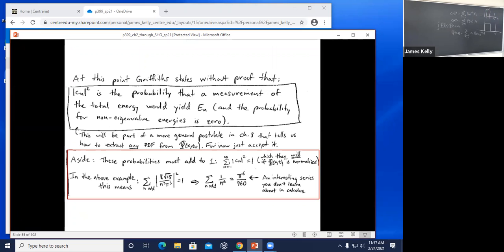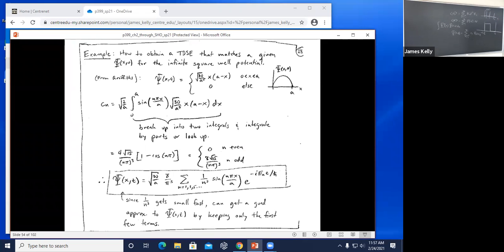So again, just to add on to this, looking back, we've made the statement, or Griffiths is claiming, and we're going to assert this as a postulate in chapter 3, that the magnitude squared of the CNs are the probabilities of measuring ENs. Now, just like the probability of a position measurement better be 1 when we add over the whole x-axis if something is confined to the x-axis, right?